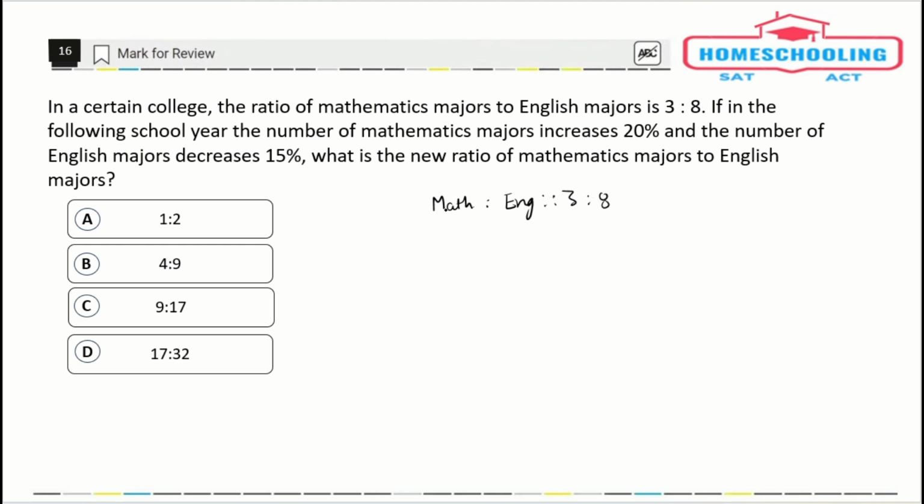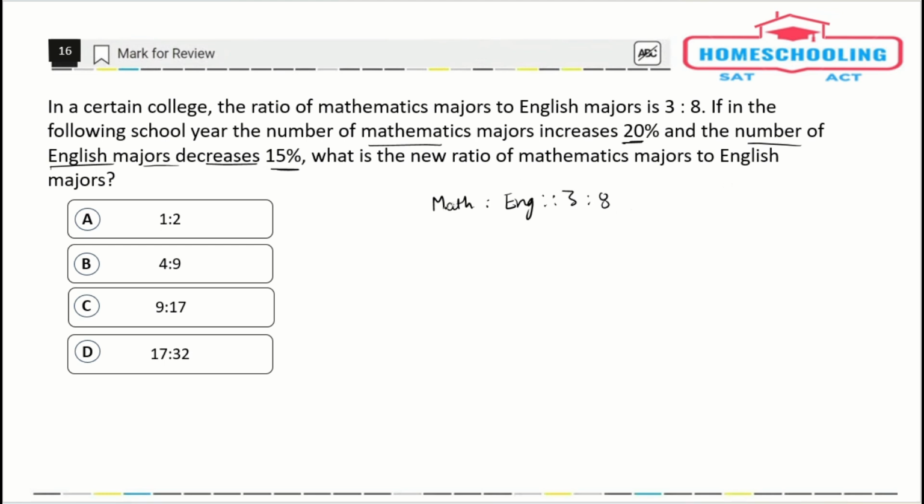So maths and English, the ratio is 3 is to 8. In the following college year, the number of mathematics students increased by 20%, and the number of English students major decreases by 15%.